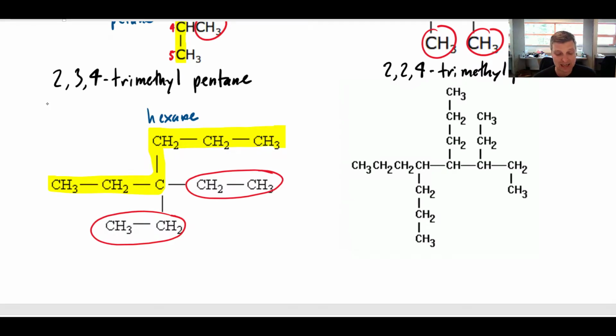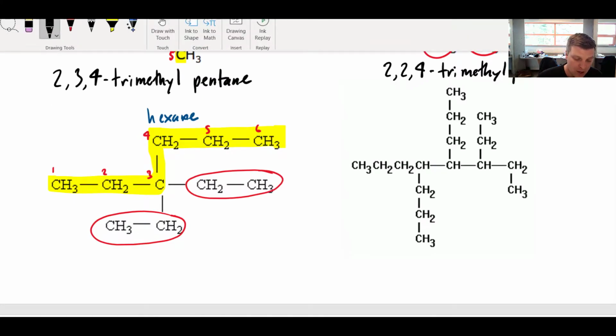And so I need to decide the location. So which way am I going to number it? Am I going to number it from the left or from the right? Well, if I start numbering from the left, 1, 2, 3, 4, 5, 6, I see that the ethyl groups are both located on the number 3 carbon. And if I had numbered them from the right, then it would have been the number 4 carbon. So this is the way that I want to do it. I have 2 ethyl groups, and they're both located on the number 3 carbon.